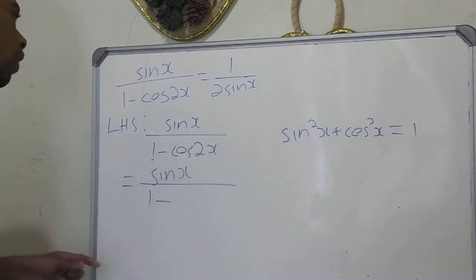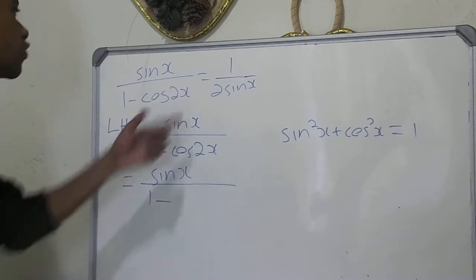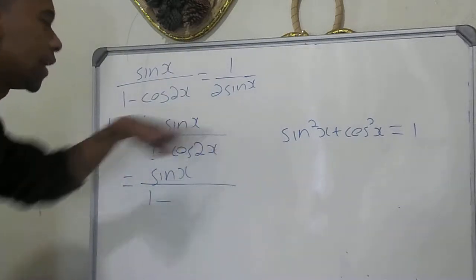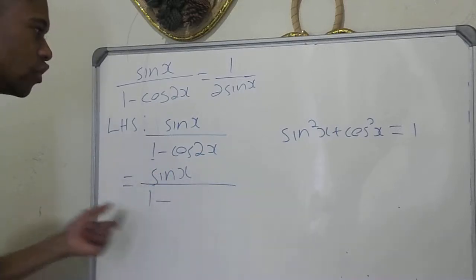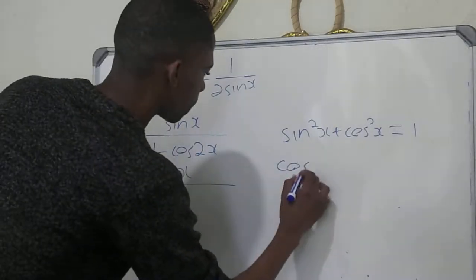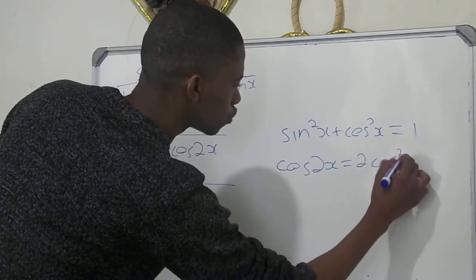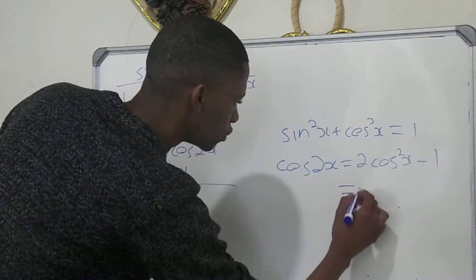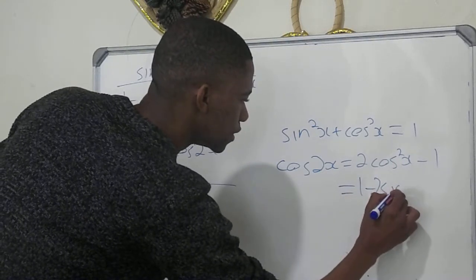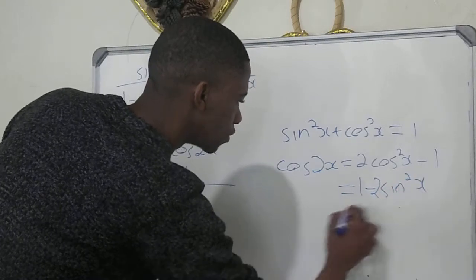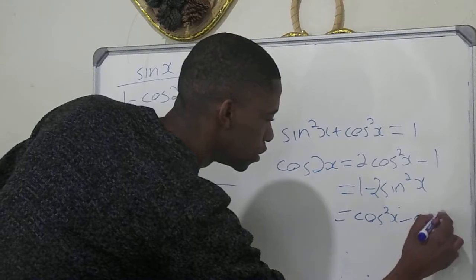I told you, when your answer has sine at the end, and you have an identity like cos 2x, remember, you can change cos 2x into 2 cos squared x minus 1, or into 1 minus 2 sine squared x, or cos squared x minus sine squared x.